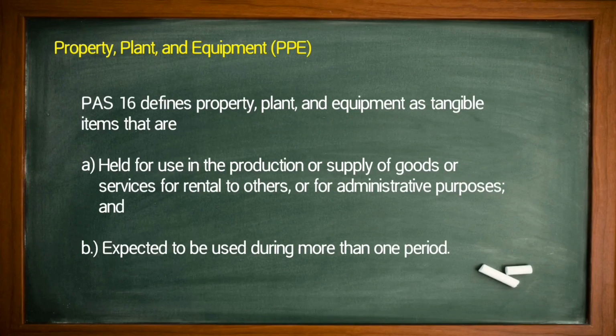Property, plant, and equipment or PPE is one of the examples of non-current assets. So, PAS 16 defines property, plant, and equipment as tangible items that are held for use in the production or supply of goods or services, for rentals to others, or for administrative purposes and expected to be used during more than one period.